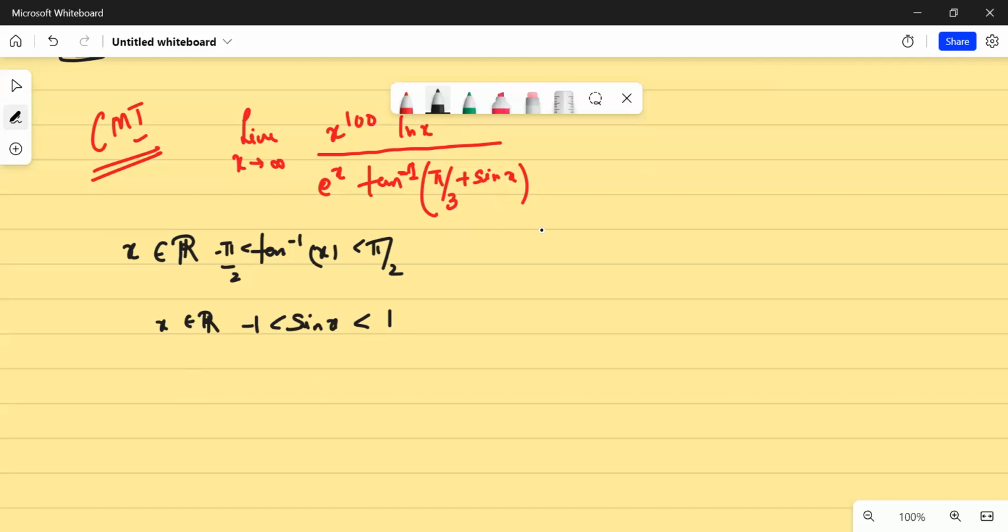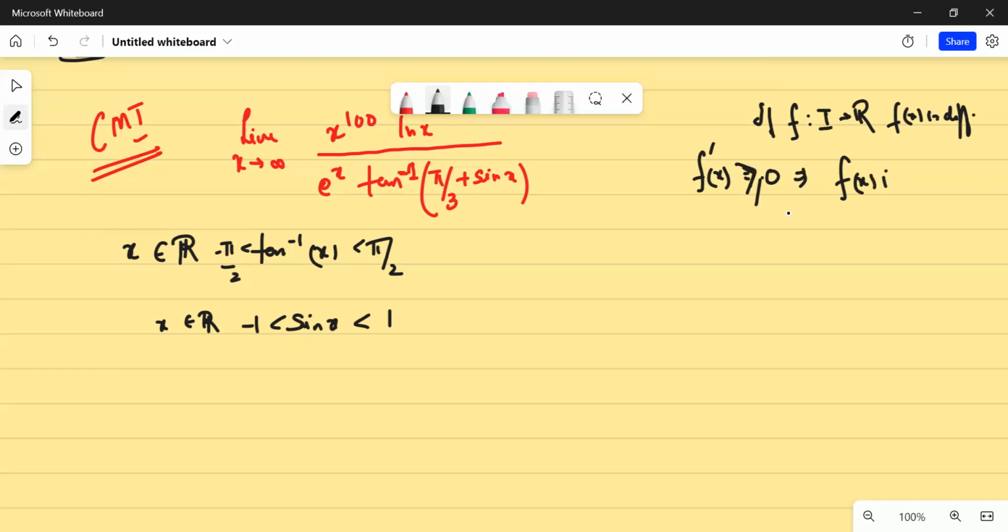Yes, sir. Okay, and if you slightly know about increasing and decreasing functions: if your function is differentiable and its derivative is greater than 0, then I can write that if f is defined from an interval I to R, f(x) is differentiable and f dash x is greater than or equal to 0, then f(x) is said to be an increasing function.